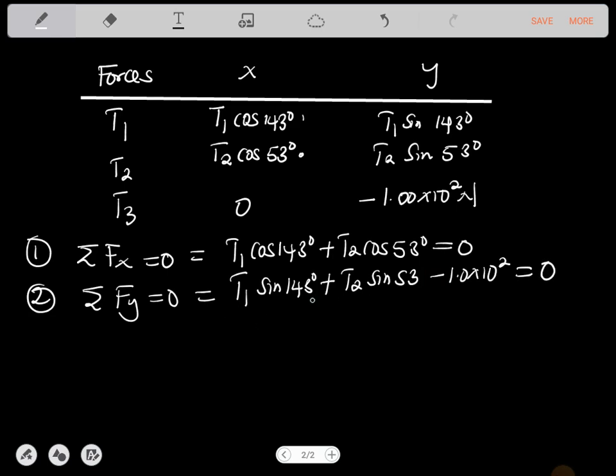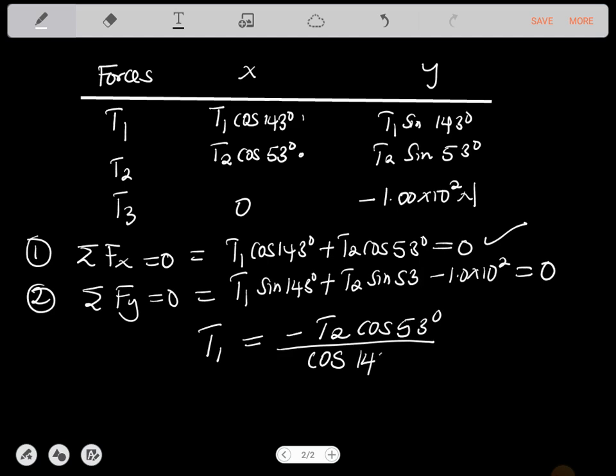These are the equations that we have. And from here, we can make something the subject of the formula. From the first equation, we can make T1 or T2 the subject of the formula. So we can say T1 is equal to negative T2 cos 53 degrees over cos 143 degrees, if I make T1 the subject of the formula.